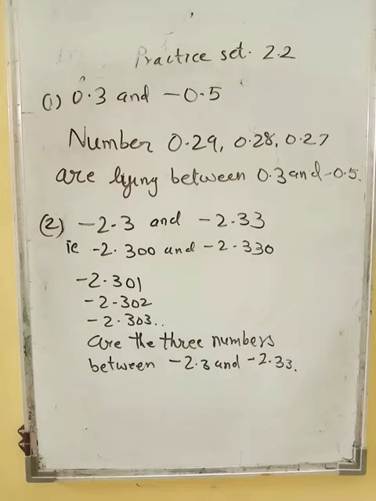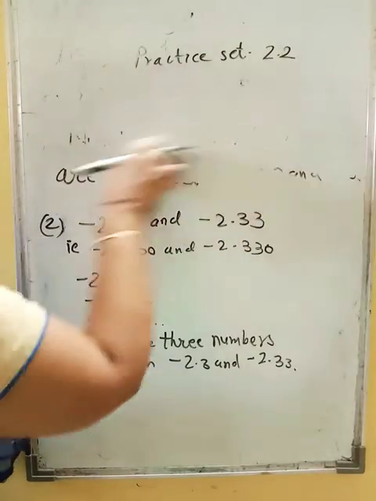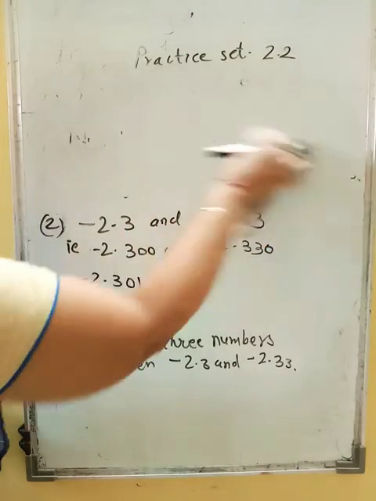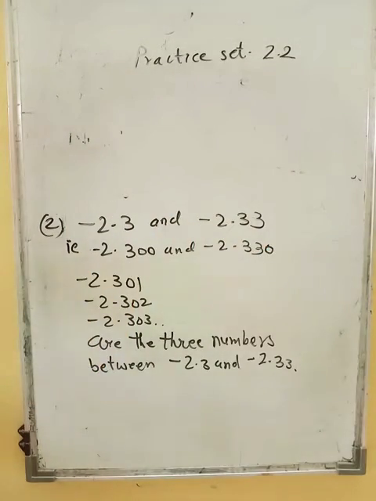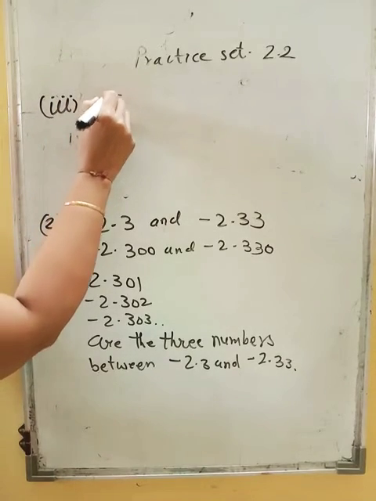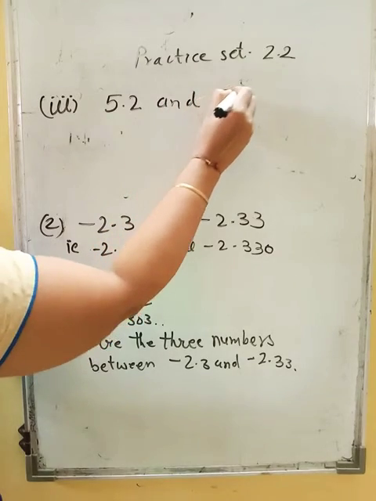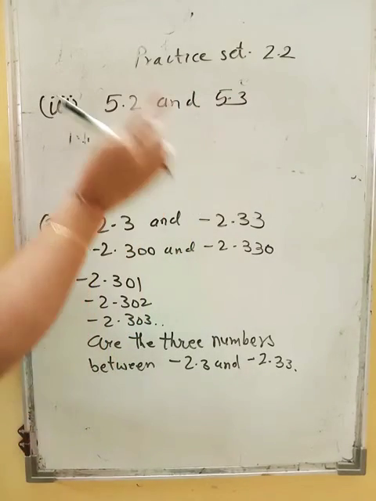Now we move to the third question. We have 5.2 and 5.3. Now here also just add zeros.